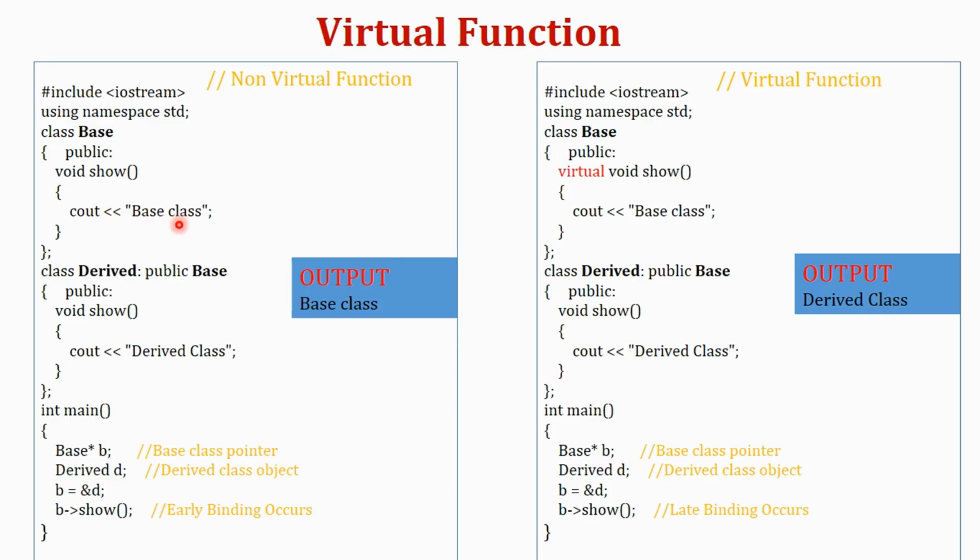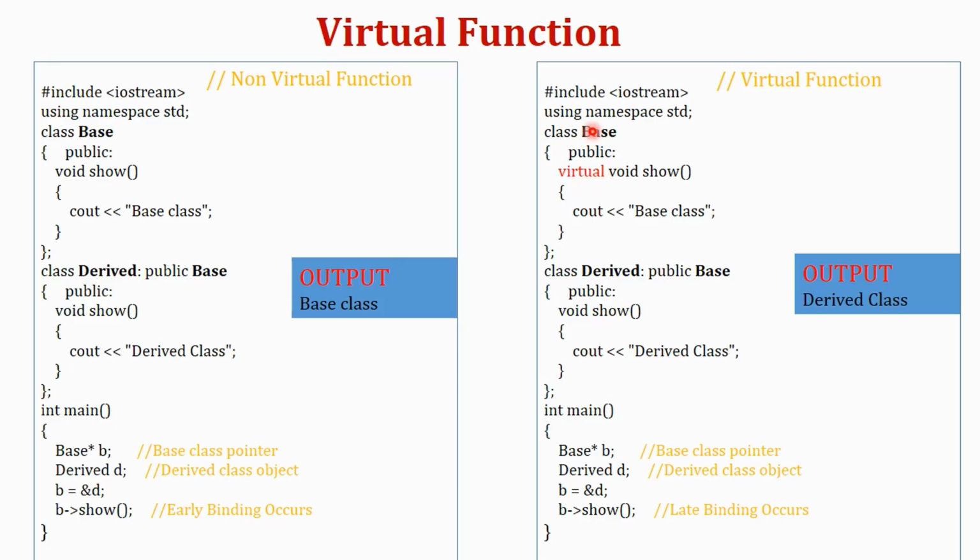If you want to print the derived class message from the derived function, here we are going to make the base class function a virtual function. How are we going to make the base class function a virtual function? We'll discuss now. So again the same code here. Now instead of writing only void show, in prefix we add the new keyword virtual.